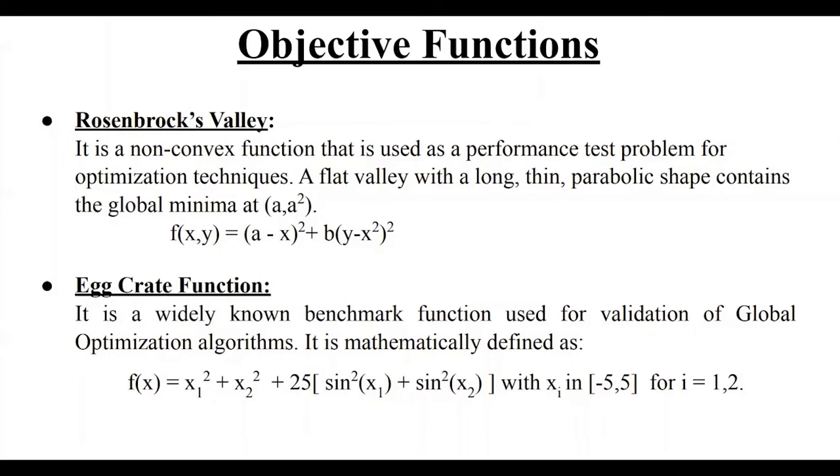As per the results shown, the egg-crate function has a known global minima at (0, 0) with an optimal function value of 0. Given coordinates x1 and x2, here x1 is equal to minus 5 and x2 is equal to 5.